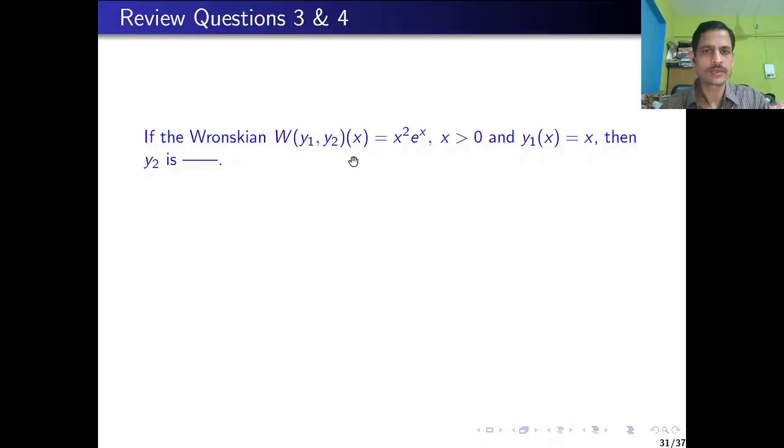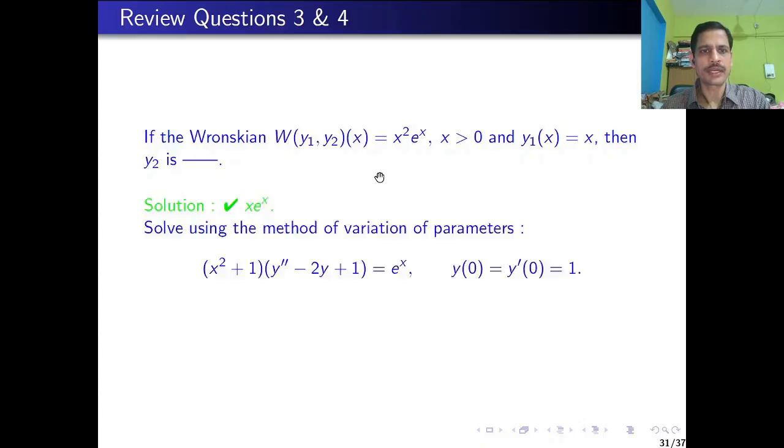One is you can use reduction of order and Abel's formula. There is also a direct way of getting a first order differential equation from this Wronskian by taking y1 to be equal to x in the determinant form of Wronskian, and finally you get the solution to be x e raised to x.